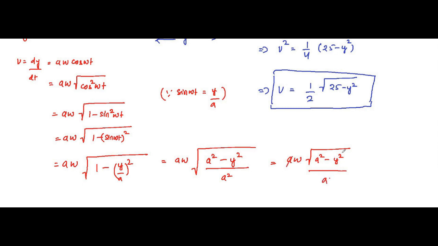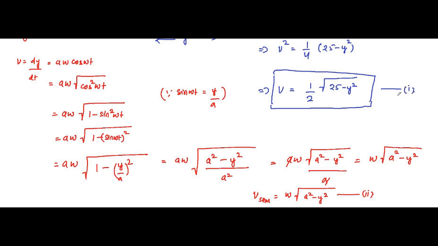A got cancelled, so that is equal to omega into root over of a square minus y square. This is the velocity of SHM in terms of instantaneous displacement y. Let's call this equation 2, and name the earlier one equation 1.